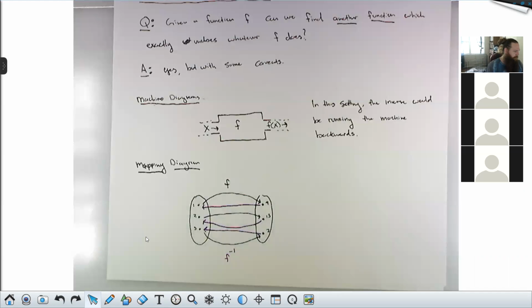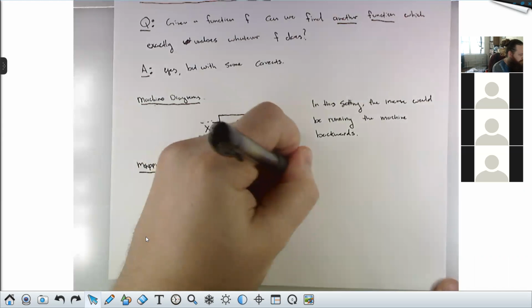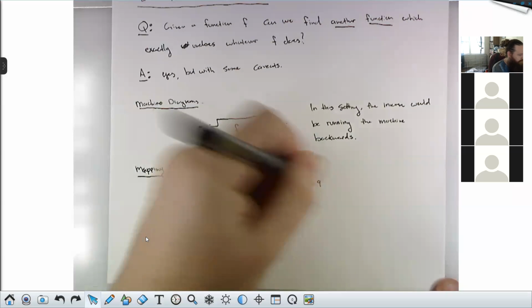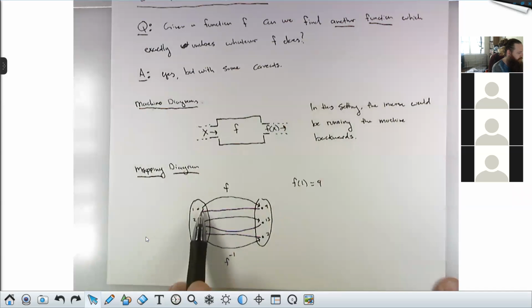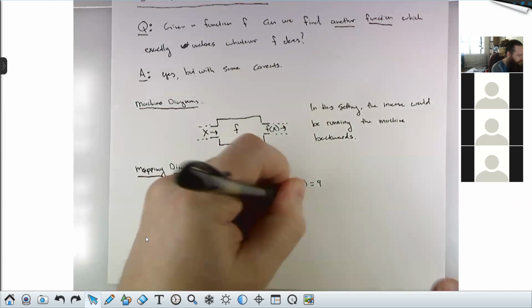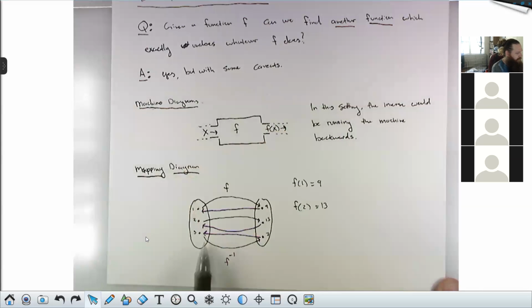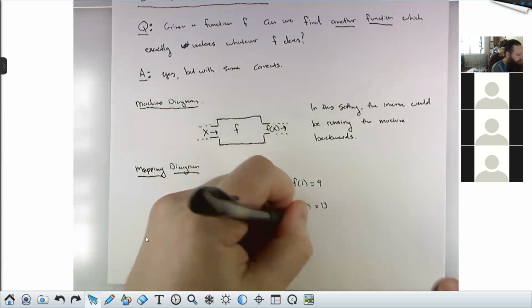Well, before I do that, let me illustrate some of the notation here. So the original function f of 1 is equal to 9 because f, the black, sends this input 1 to this output 9. f of 2 is 13 and f of 3 is 7.